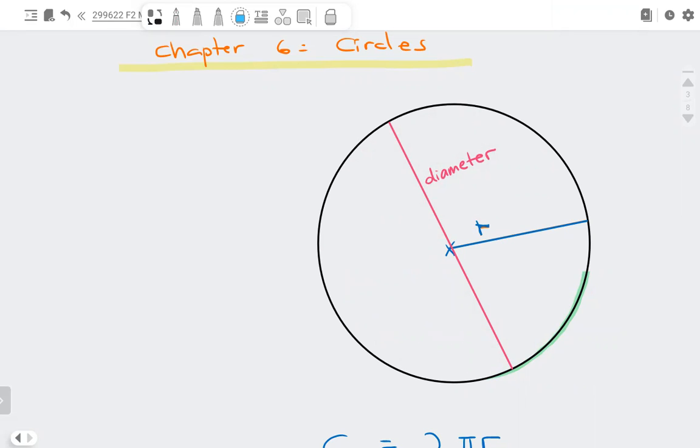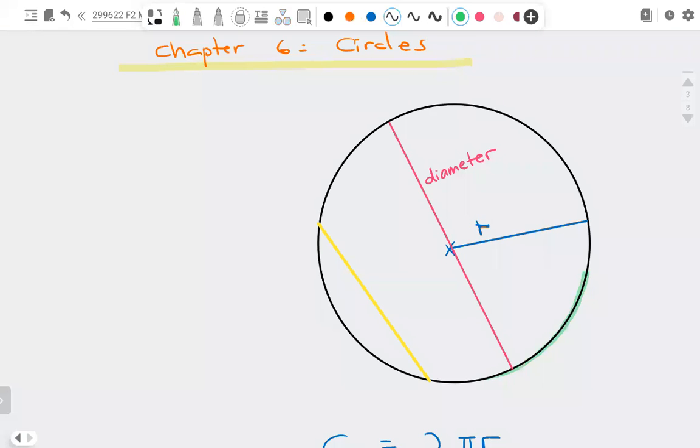Okay, one more straight line. You draw over here. What is special about the yellow straight line is that it is not passing through the center. Radius and diameter, as you can see, pass through the center.